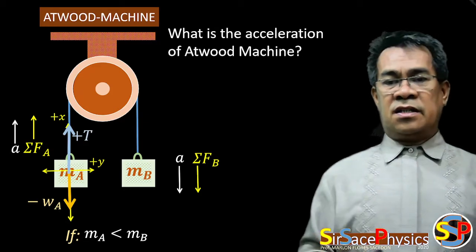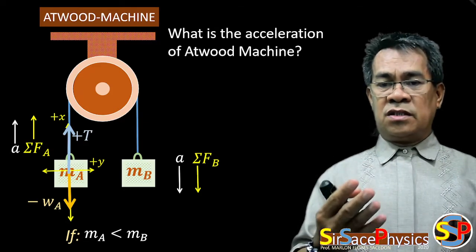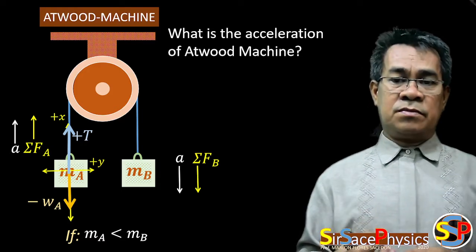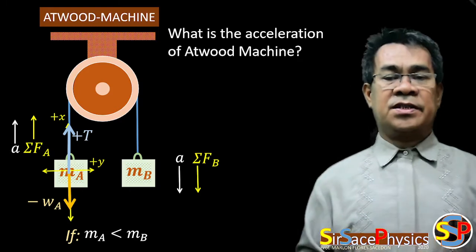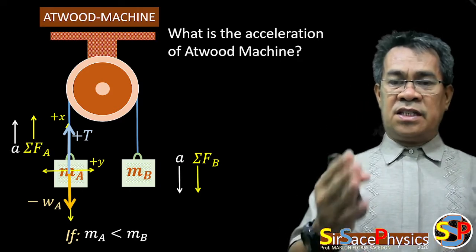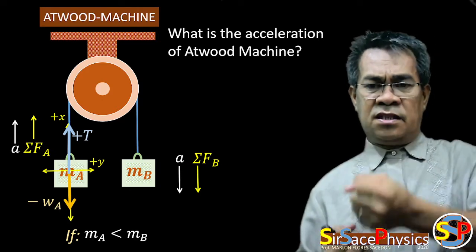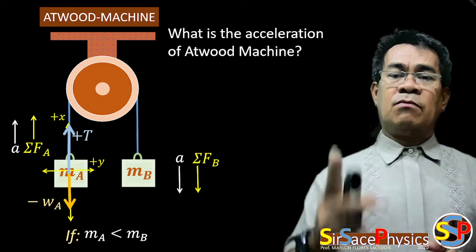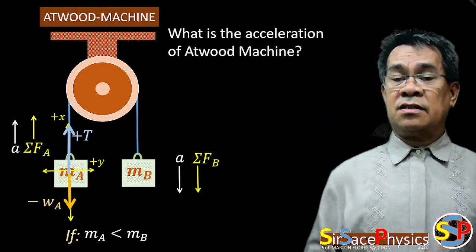Another force on A is the tension in the cord. T corresponds to the tension. Now take note that we connect mass A with a string or rope. So it applies an upward force. The application of a string is a tensile force. It tends to pull up. And it is the reason why mass A moves upward, because of that tension.